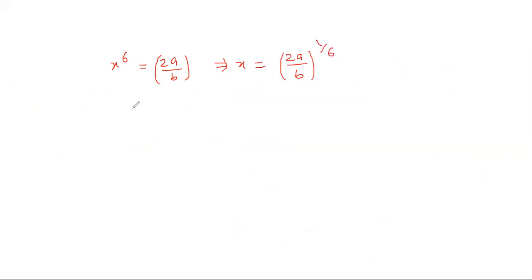Now we have U(x) equal to A divided by x power 12 minus B divided by x power 6. We put this value of x here to get U at equilibrium.